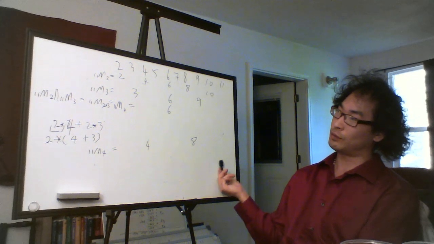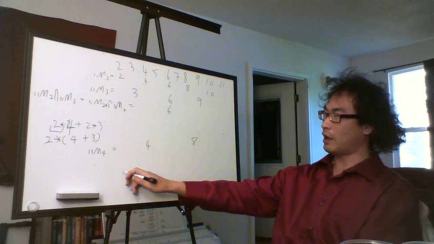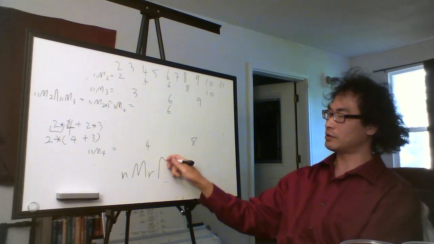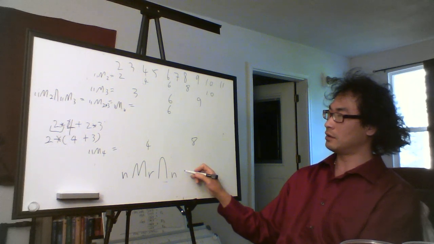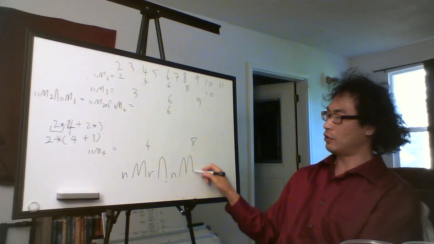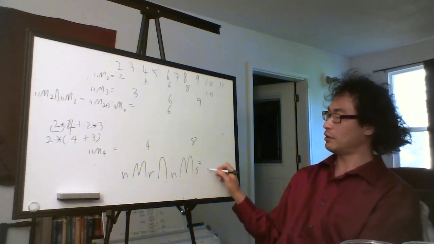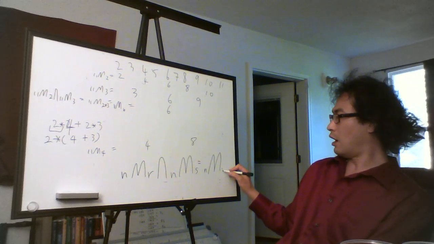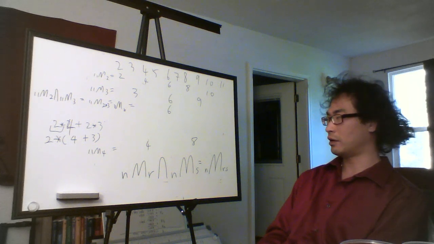Let me write it down for you. The intersection of N_M_R and N_M_S is equal to N_M_RS.